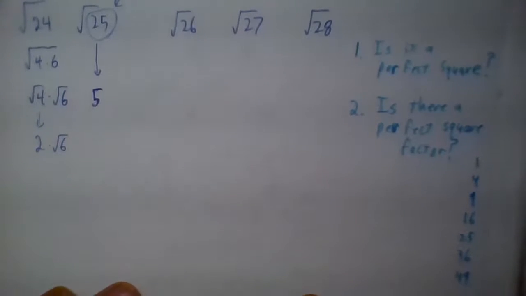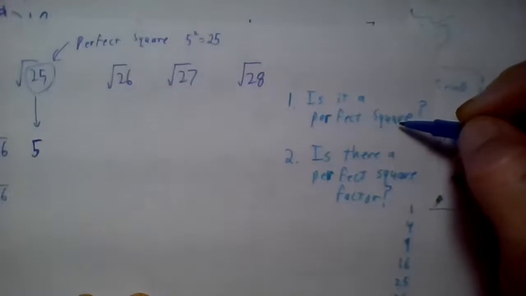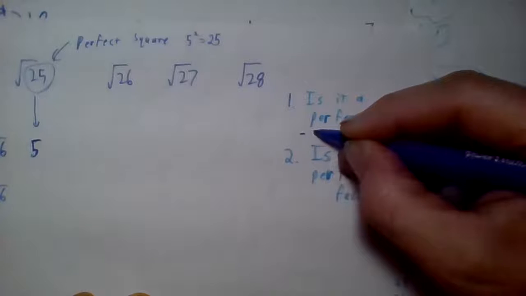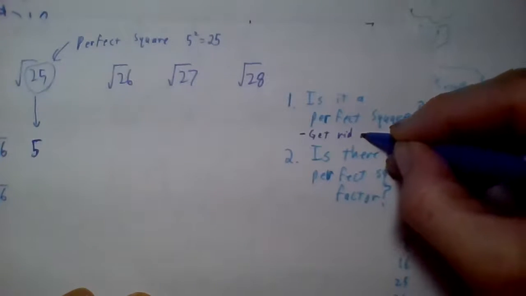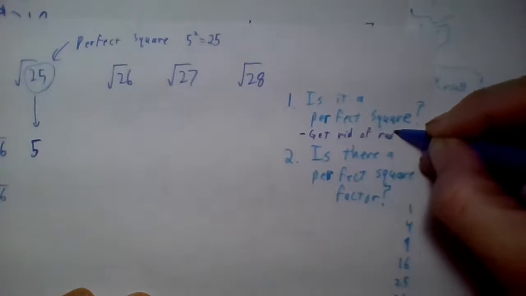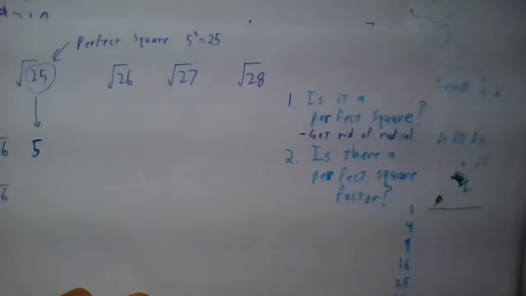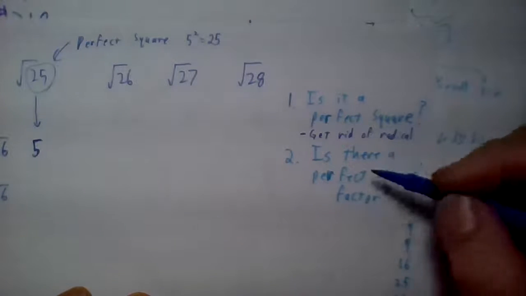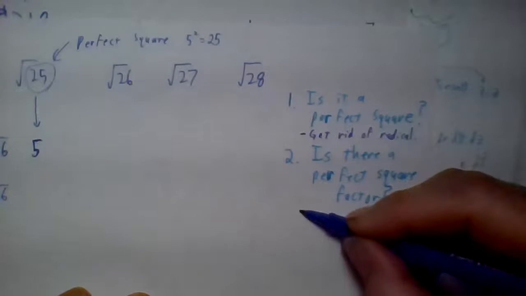So now, here's the process. Again, you ask yourself, is it a perfect square? If it is, then you can get rid of the radical because you have a nice square root there. If not, you go on to the second question, is there a perfect square factor?